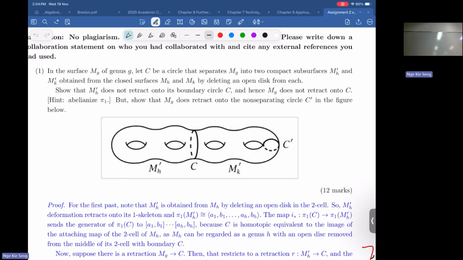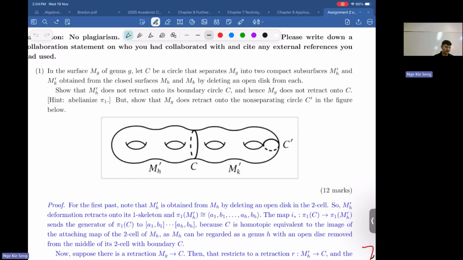But if you cut along the other, C prime, then you are just opening up your torus. So prove that this genus G surface does not retract to C, but retracts to C prime.